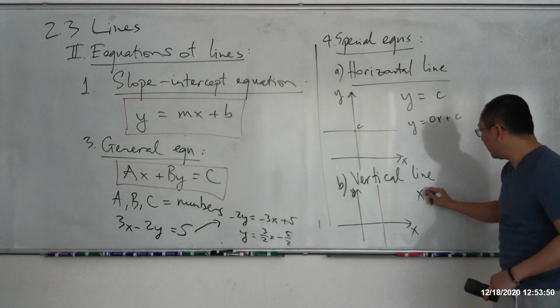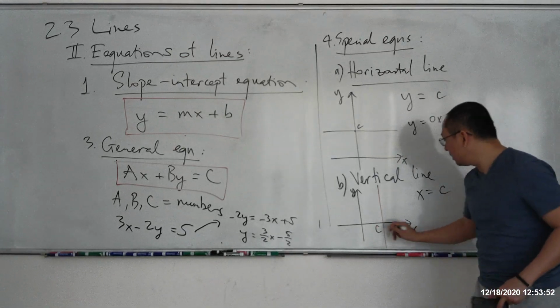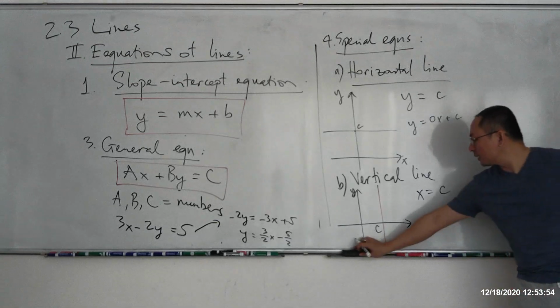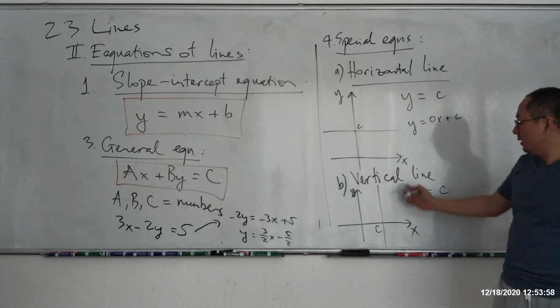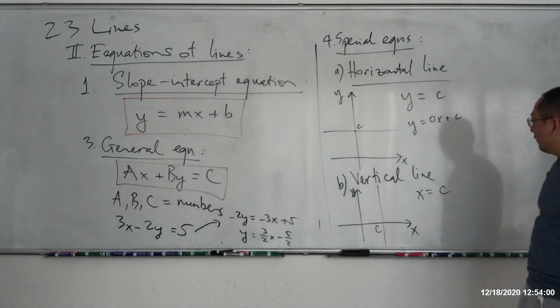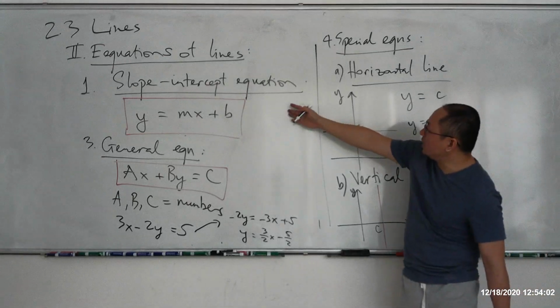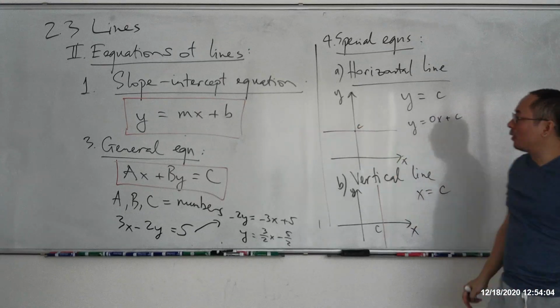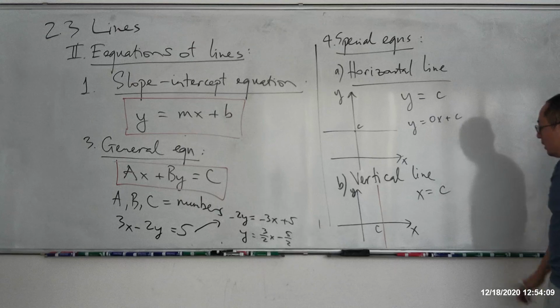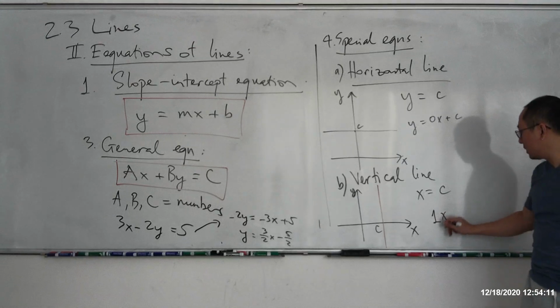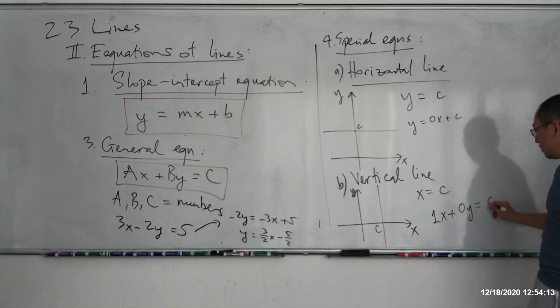You should write x equal to c, the constant c right here. Okay, and what about the slope of that vertical line? It is undefined. The slope of a vertical line is undefined. So you cannot use the slope-intercept or point-slope equation to represent the line. But you can think of it as a general equation. You can think of it this way: 1x plus 0y equal to c.